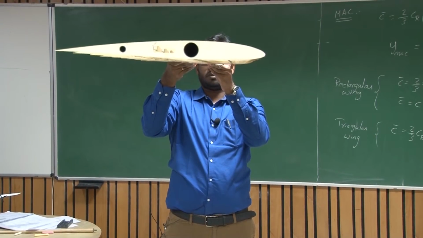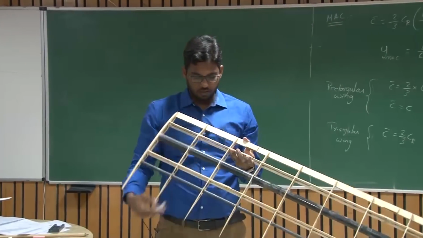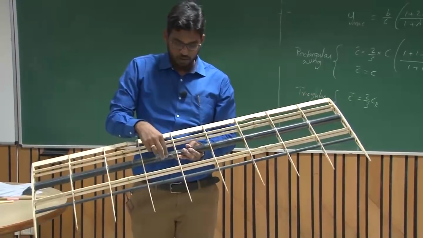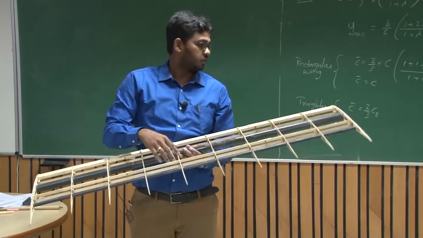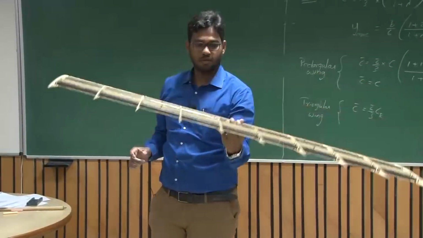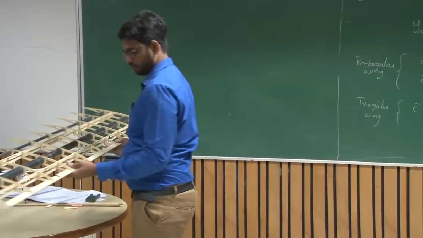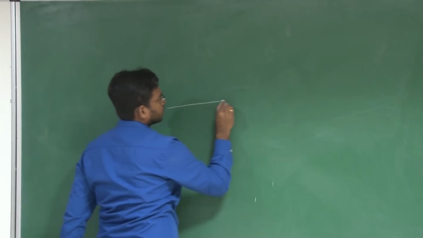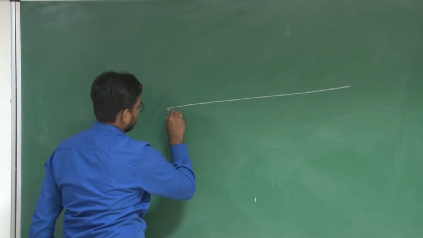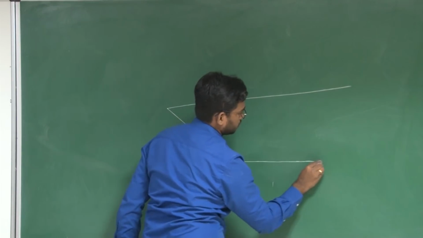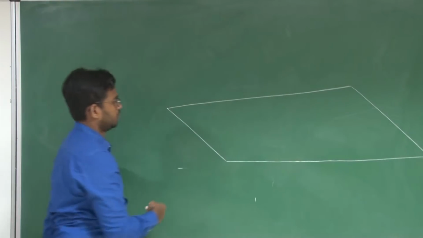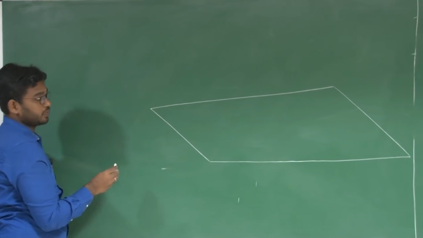These structural members are known as ribs, and you have spars here. So this is the skeleton of a typical wing. It's about a meter span. Let us consider a rectangular wing.